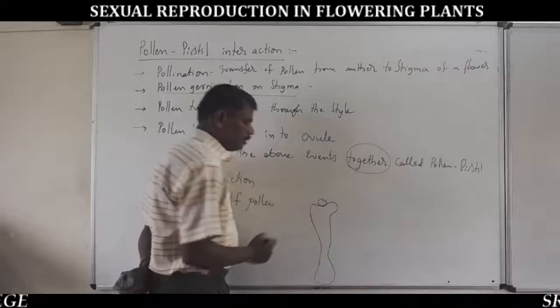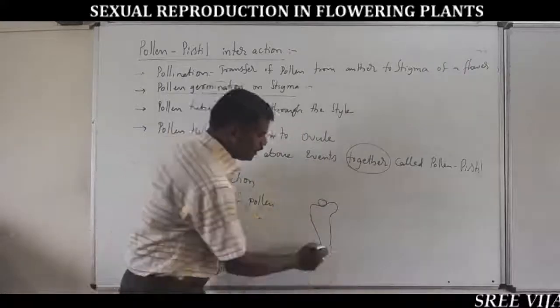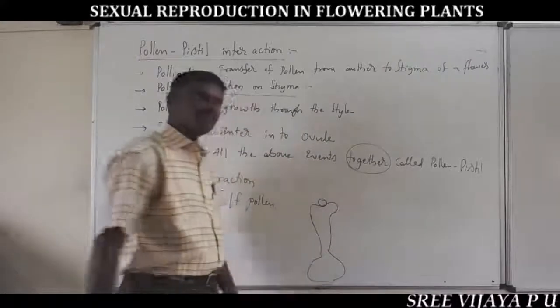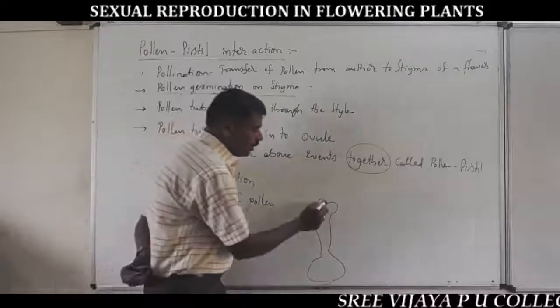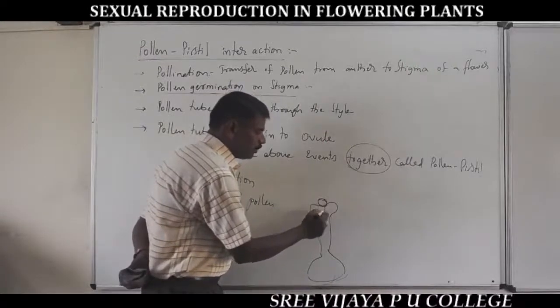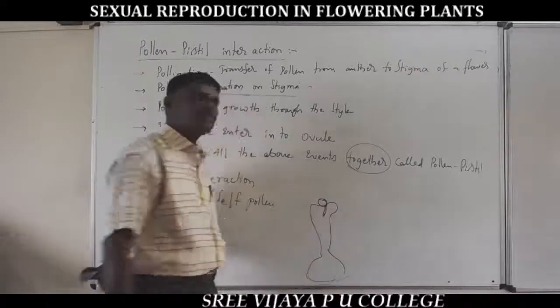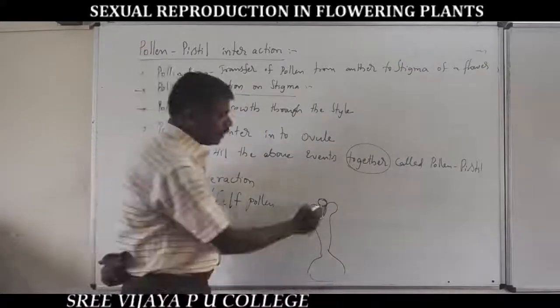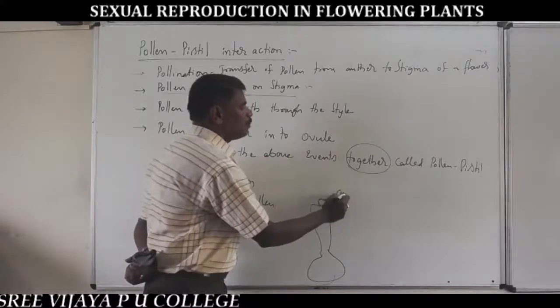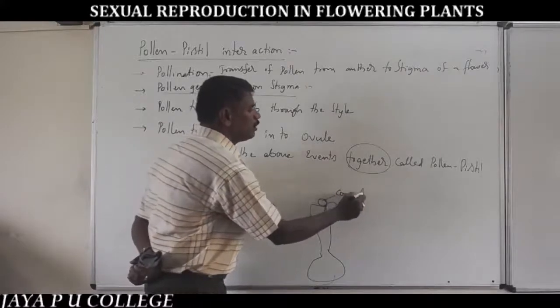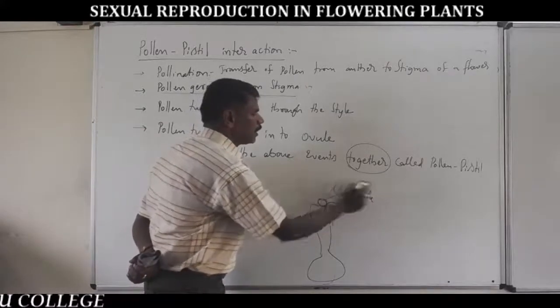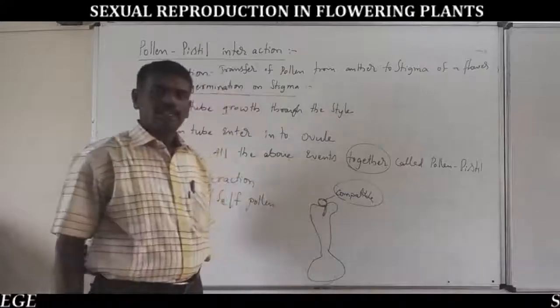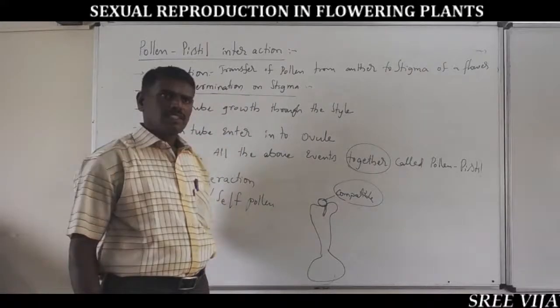For example, if a pollen grain falls here and germinates on the stigmatic surface, this pollen is compatible.